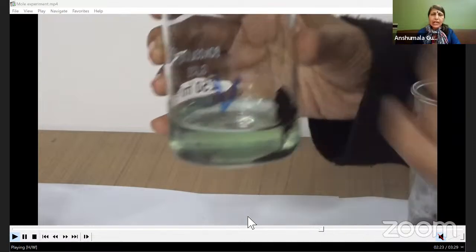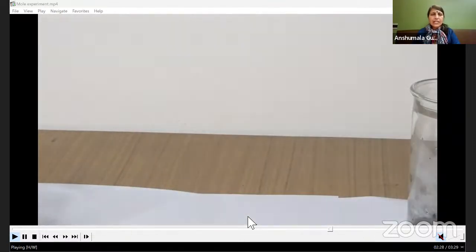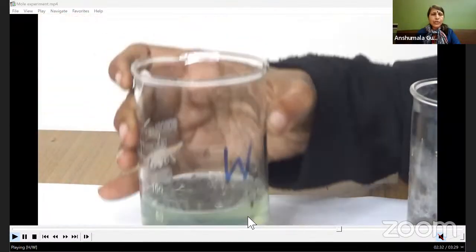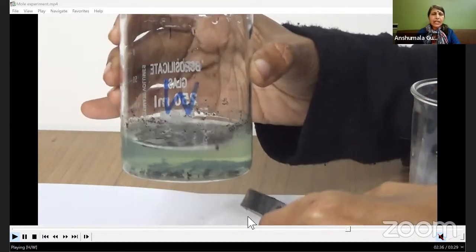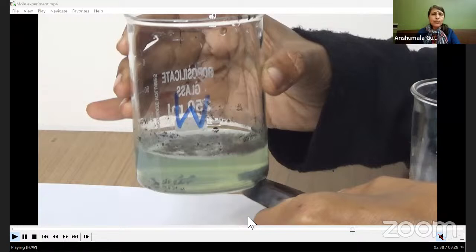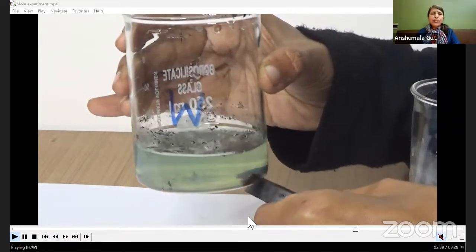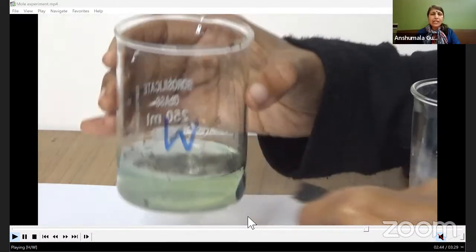So clearly the iron was more than needed. And same with the other one, with equal weight, there also if you test, so we have written W here, you will see the iron was more than required. Actually, the copper sulfate should have been more. We do see that copper sulfate has been consumed, but much of the iron is left.